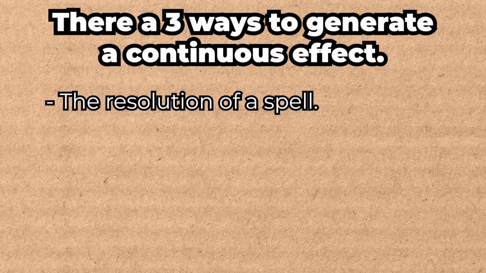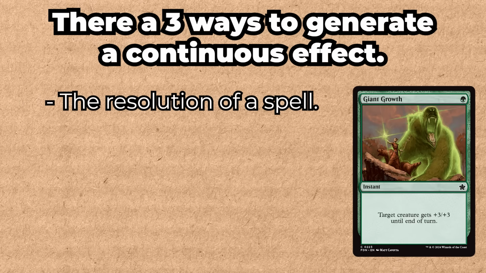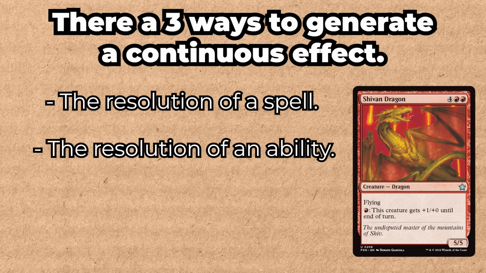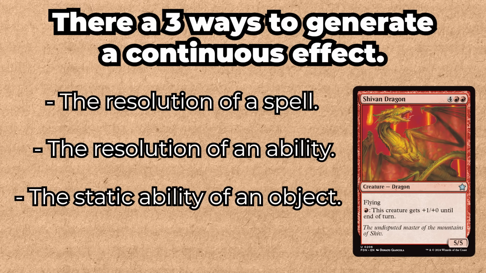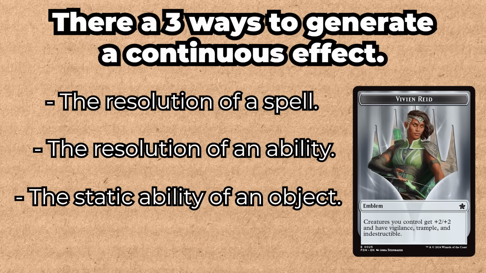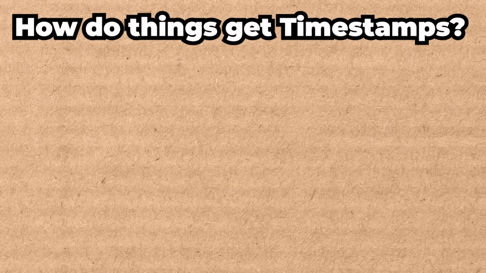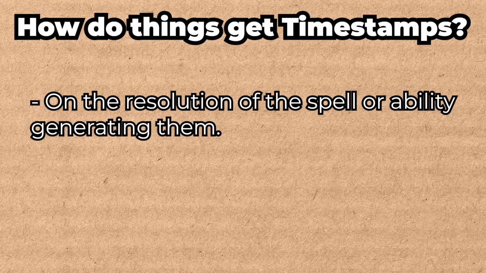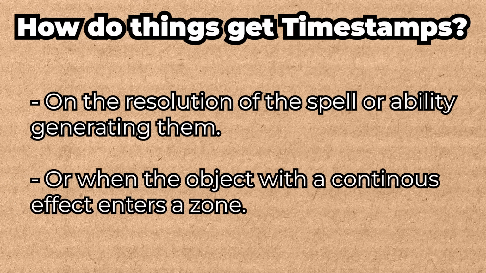By the resolution of a spell, like Giant Growth, the resolution of an ability, like the one on Shivan Dragon, or the static ability of a permanent, emblem, or something similar. Continuous effects are given timestamps upon the resolution of the spell or ability generating them, or when the permanent with a continuous effect enters a zone.